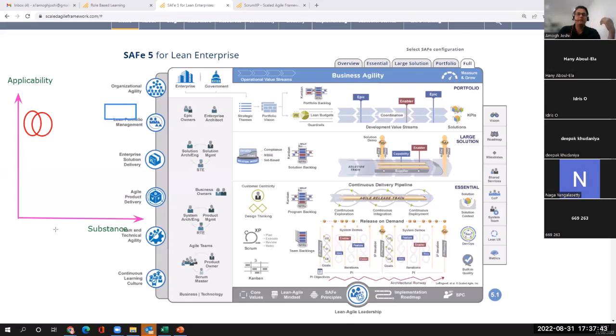There are hardly any certified Scrum at Scale practitioners. And all the other frameworks are somewhere in between. You don't see a lot of substance. A good website like SAFe's, where everyone in your organization can come on the same page. So this is how you can differentiate SAFe from other frameworks as well.